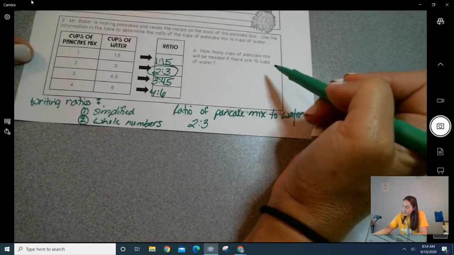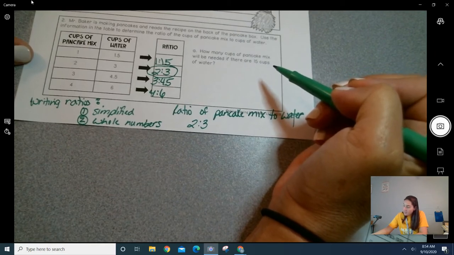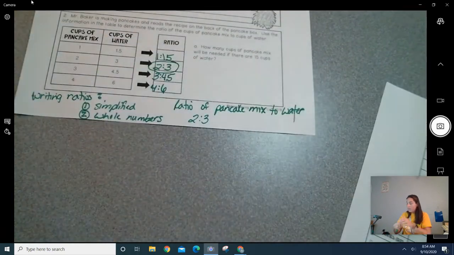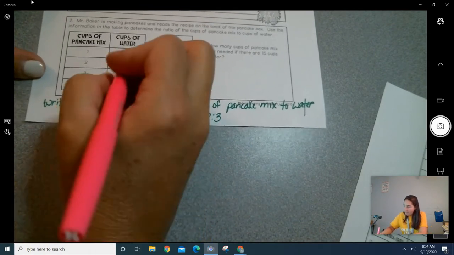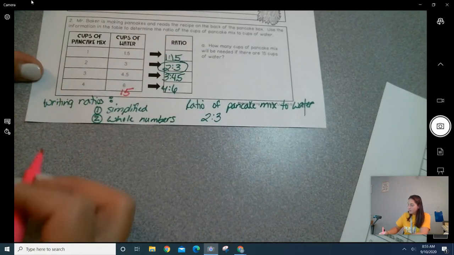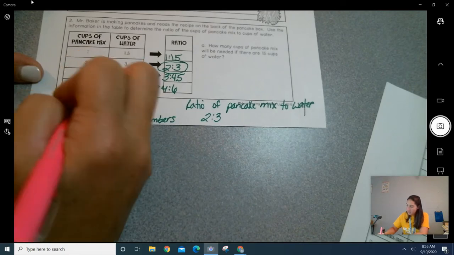Now, if we want to answer A, it asks us how many cups of pancake mix will be needed if there are 15 cups of water. I'm going to get a different color here. And I'm going to use my table, okay? If I have 15 cups of water, I need to figure out how many cups of pancake mix I need.